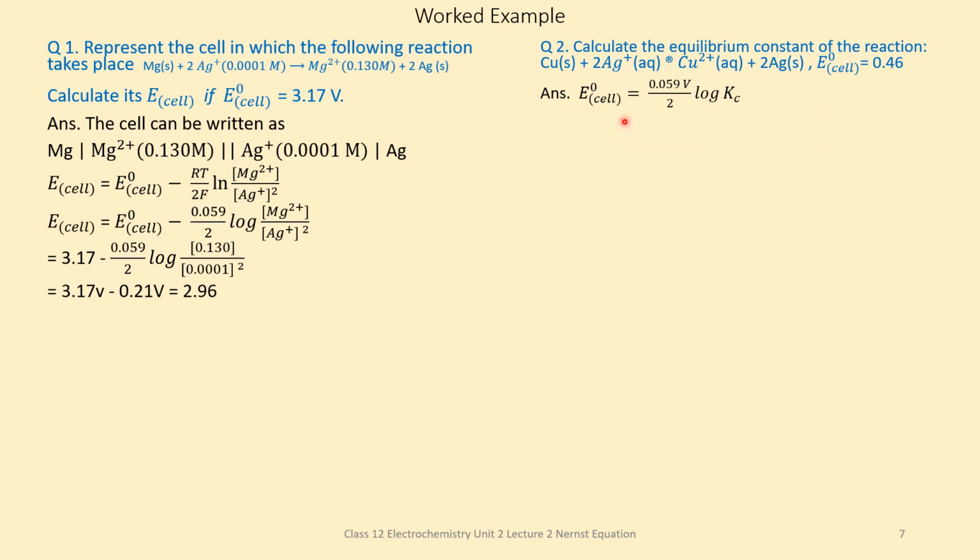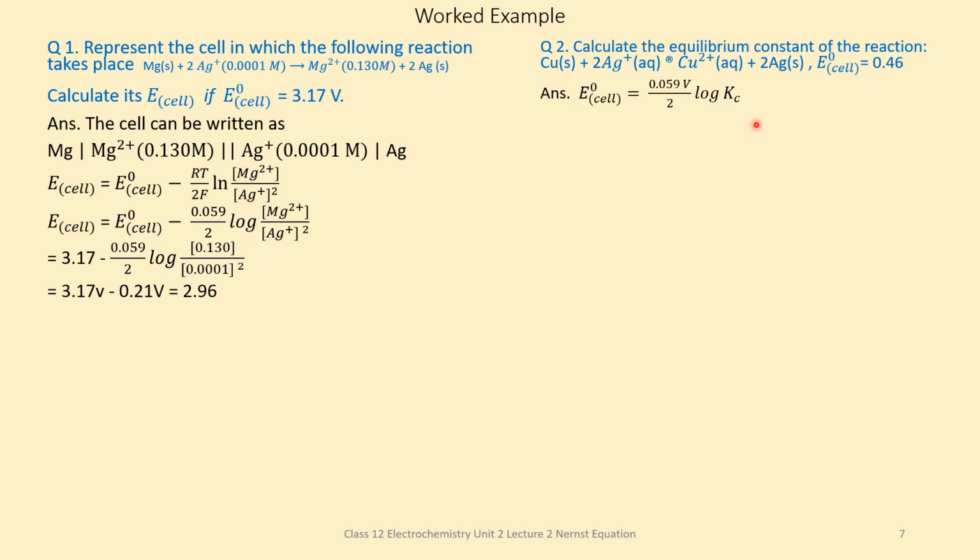So answer: E0 of cell is equal to, using the formula, 0.059 volts divided by 2 into log of Kc. Kc is the equilibrium constant and we are required to find it from the question given.